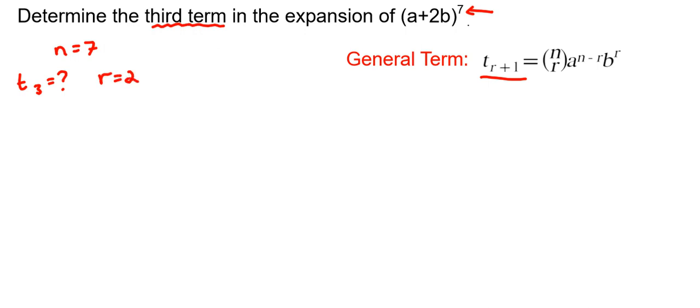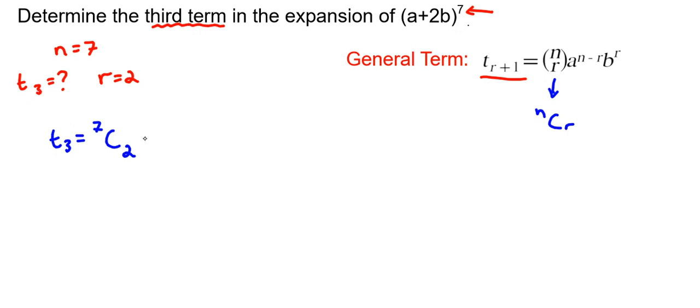So let's go through and figure this out. We know that we're looking for the third term, and we know that this is going to be n choose r. And again, here you can write this out as n choose r. So I know that this is n, which is 7, choose not 3, but 2, because r is 1 less than the term number.